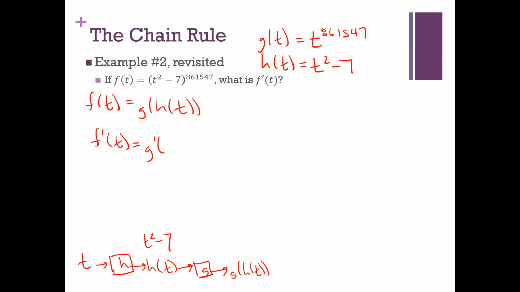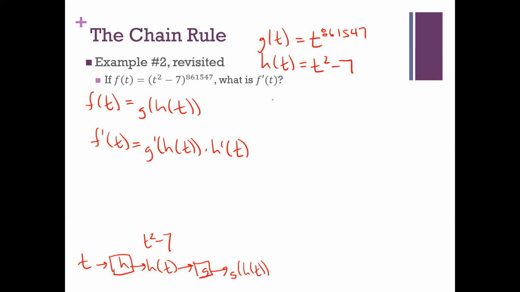Is it t or is it something more complicated? Garrett? It's h of t. So I'm going to take a derivative of g, but with respect to h of t. So that's one layer, that's one link in the chain. Multiply that by h prime of, what's the input to h? T. Just t. So that's the first layer.